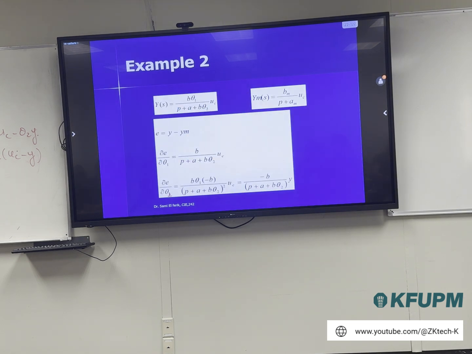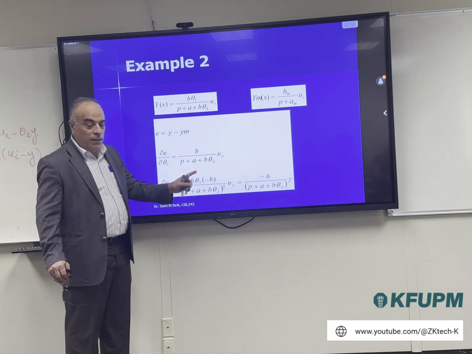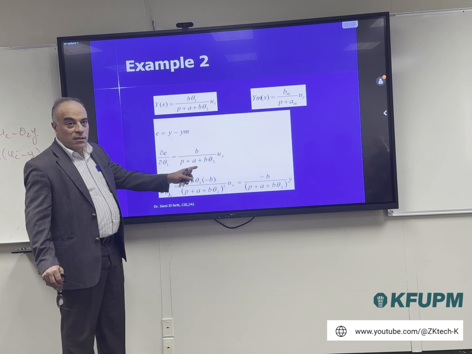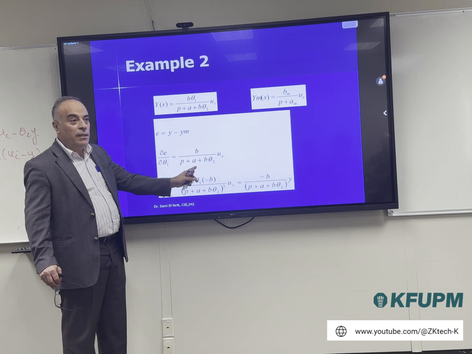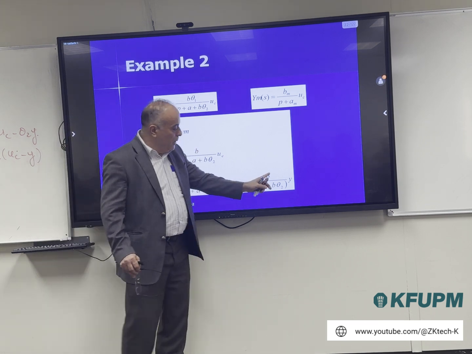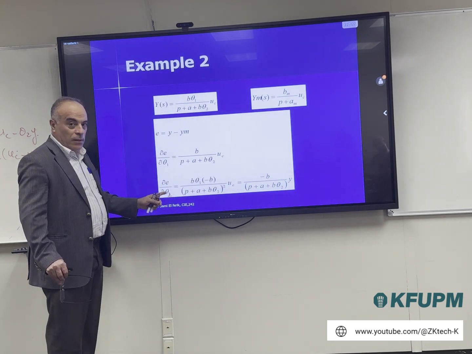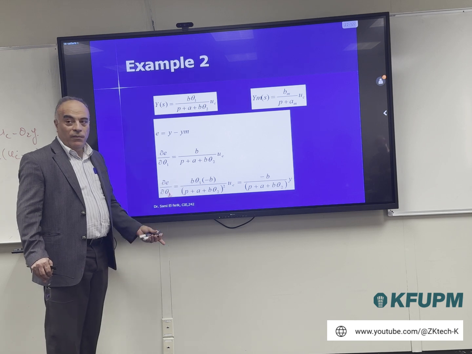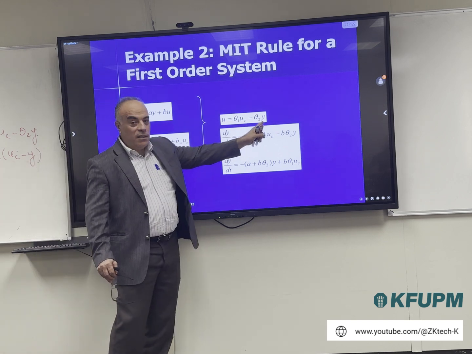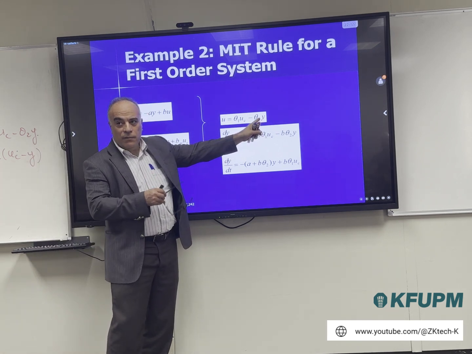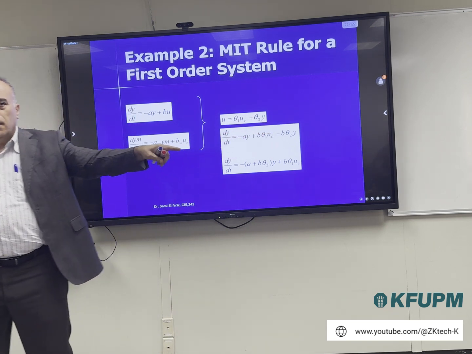So in the derivative of E with respect to theta 1 here, we have B over P plus A plus B theta 2 times UC. Right? And this transfer function I don't have, because I don't know B, I don't know A. So this change of parameter of theta 1 and theta 2 depends on A and B, and therefore my controller, which is theta 1 UC minus theta 2 UC, which is the integral of minus gamma times E times the derivative of E with respect to time, is not feasible.